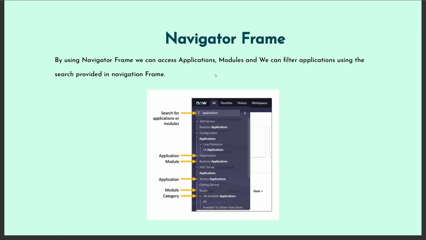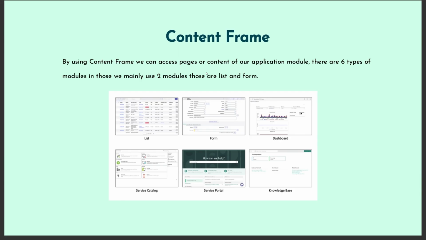Now we are going to see the last frame of our ServiceNow UI, that is the content frame. So what is the content frame and how can we use it? By using the content frame, we can get the data and display it in the format which we want to see.